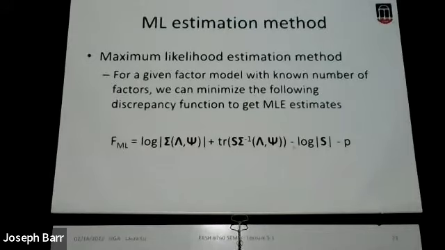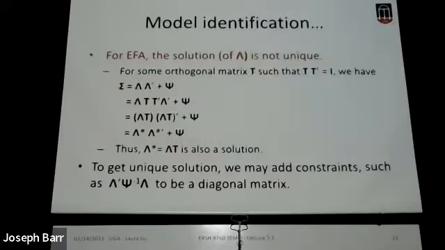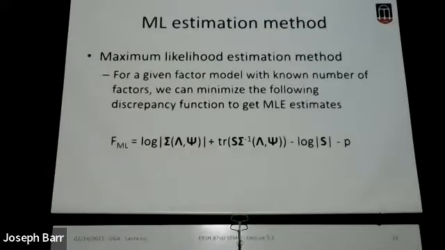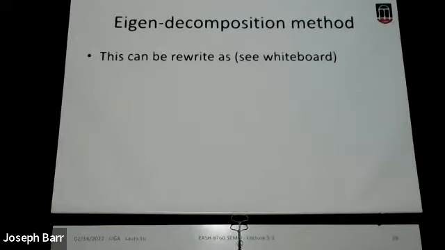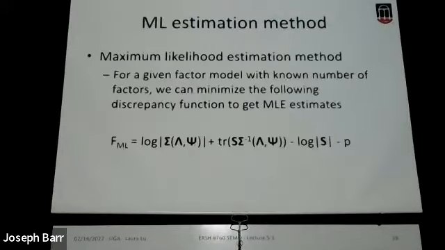Of course, the computer can help you do that. If you're trying to maximize or minimize, we can use a lot of numerical ways to get the optimal solution. So that's another way to get the estimates of the factor model parameters. We can use eigen decomposition or maximum likelihood estimation.